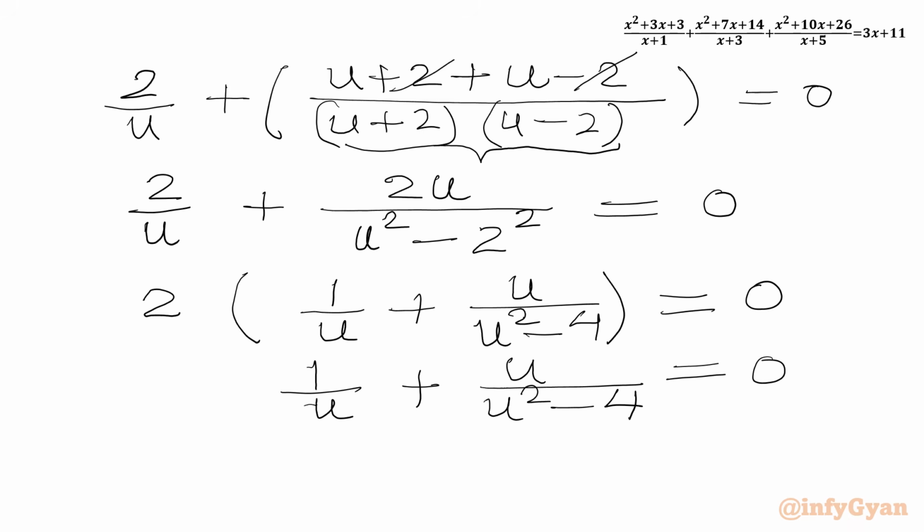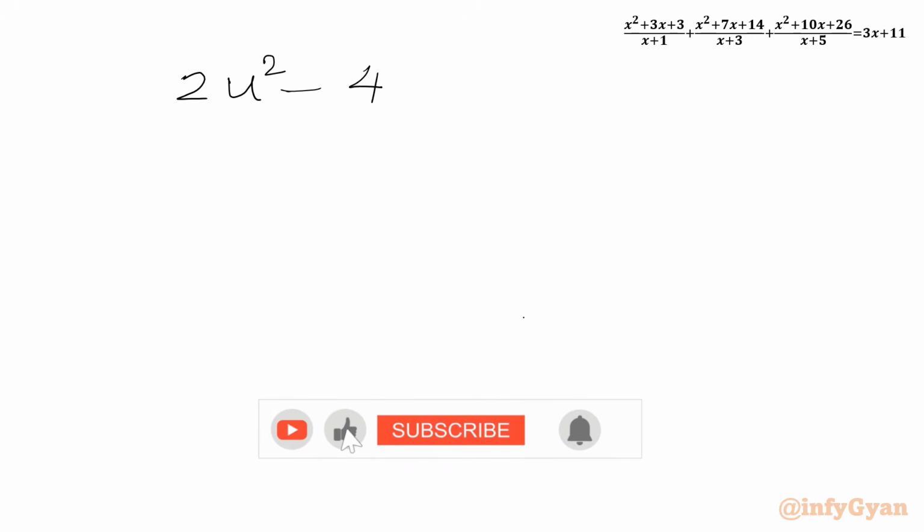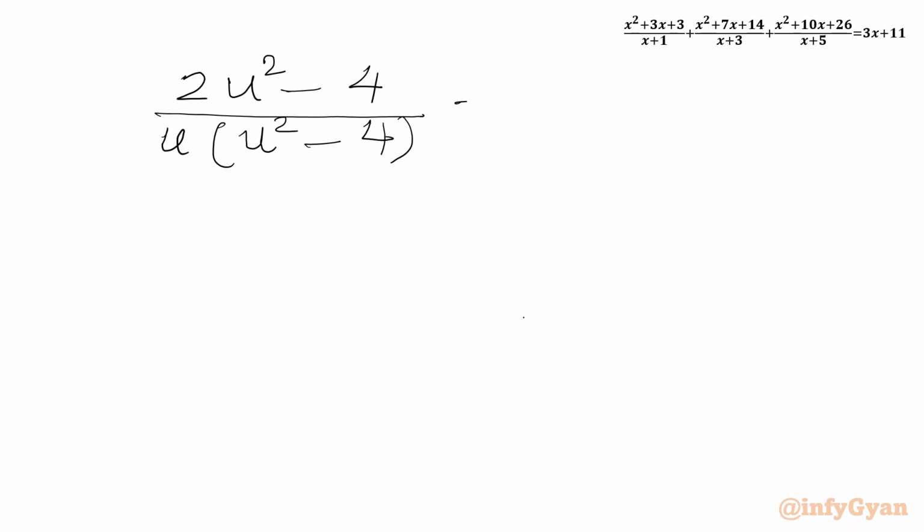So we will write 1 over u, plus u over u square minus 4, equal to 0. We will take LCM for the last time. We will get u square minus 4, plus u times u which is u square, over u times u square minus 4, equal to 0. So from here we can write 2u square minus 4 in the numerator over u times u square minus 4, equal to 0.